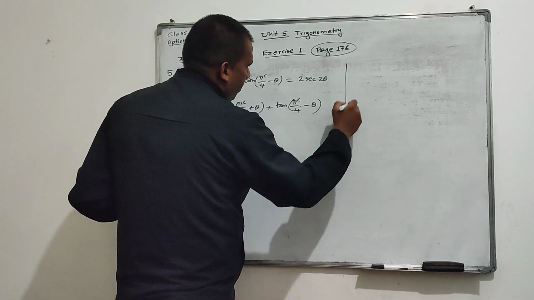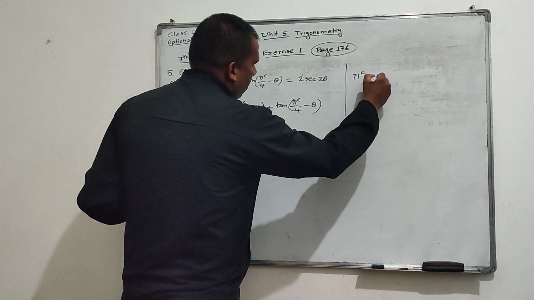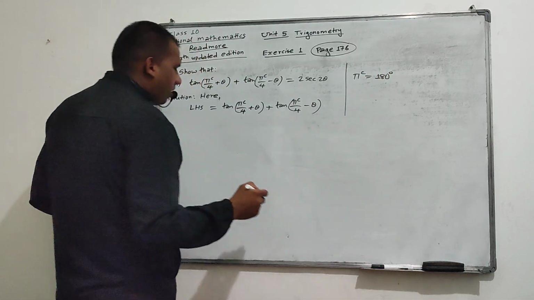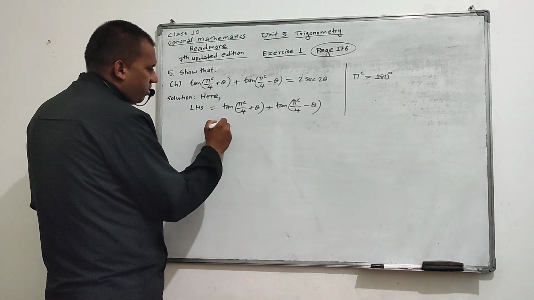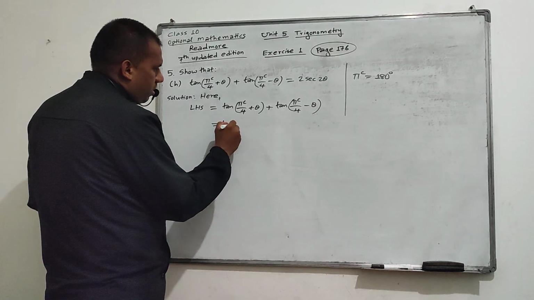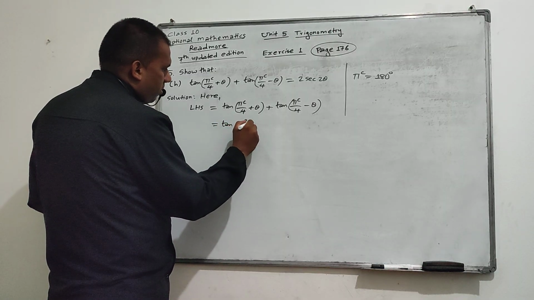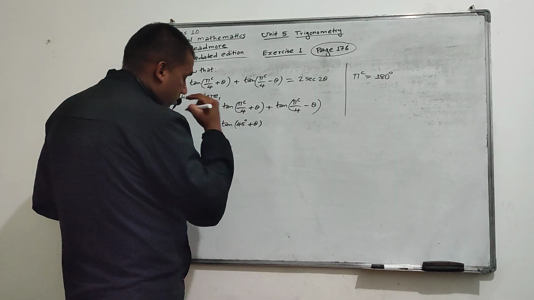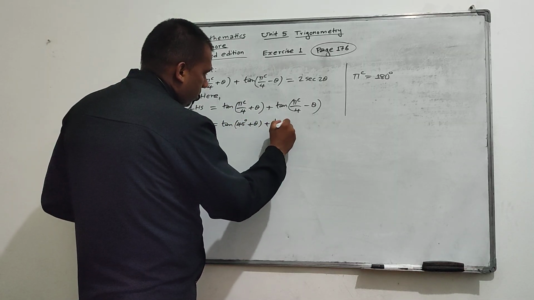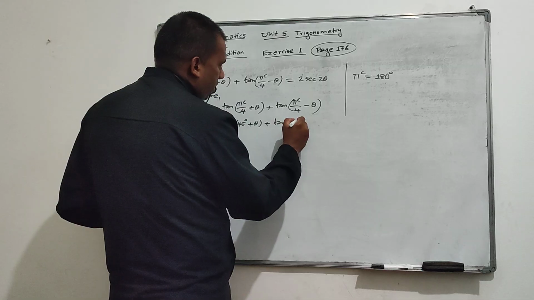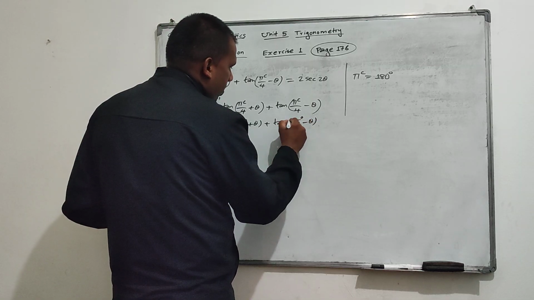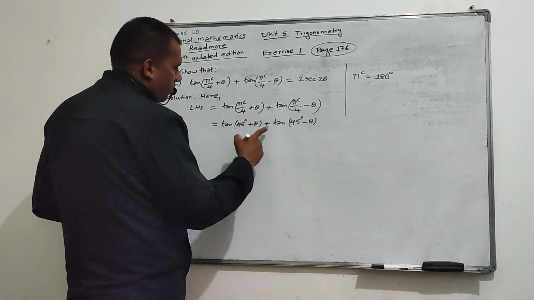As you know, pi radian equals 180 degree. So pi by 4, 180 by 4, that is 45 degree. So we can write tan(45 degree plus theta) plus tan(45 degree minus theta). This is tan(a plus b) form, this is tan(a minus b) form.